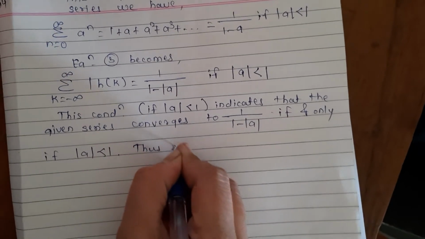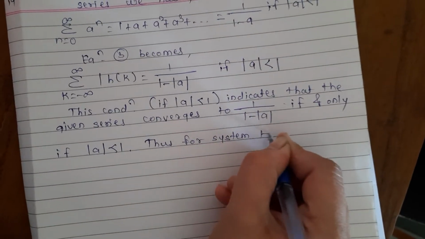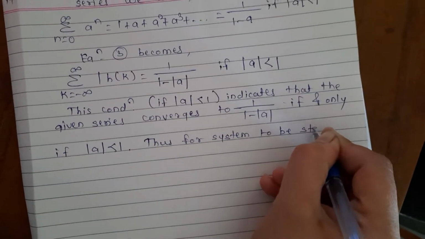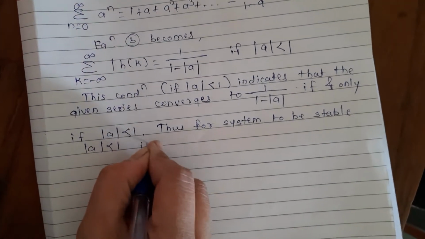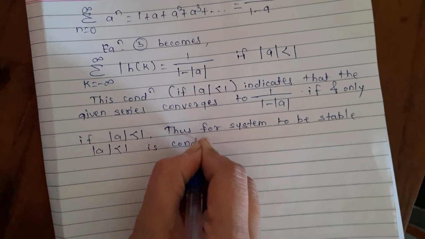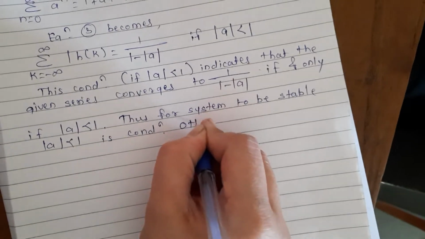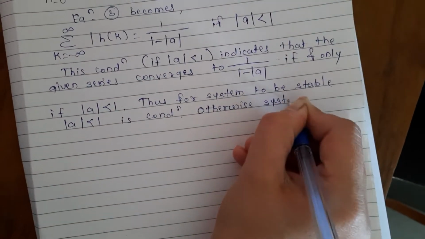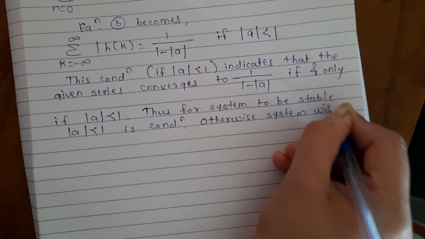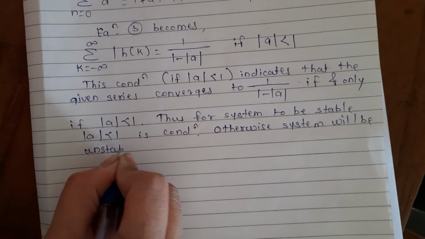Thus for the system to be stable, mod of a is less than 1, this is the condition, otherwise the system will be unstable.